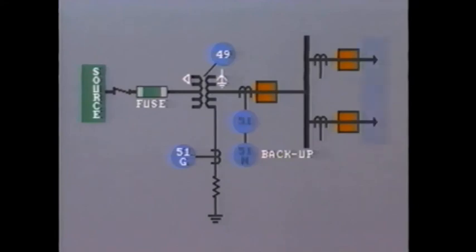It is actually operating as a backup for any downstream protection on the feeders. The ground overcurrent relay 51G in the neutral will trip the secondary breaker in the event of a ground fault in either the transformer secondary winding or the connected feeders.